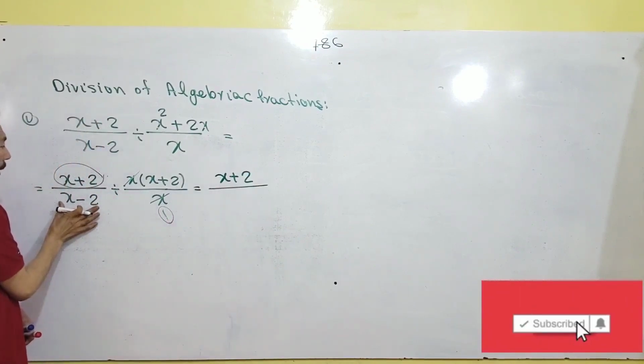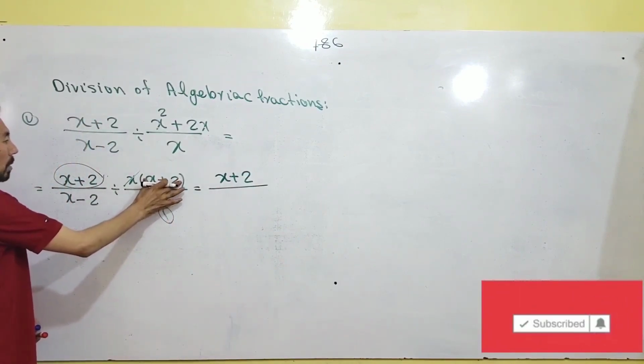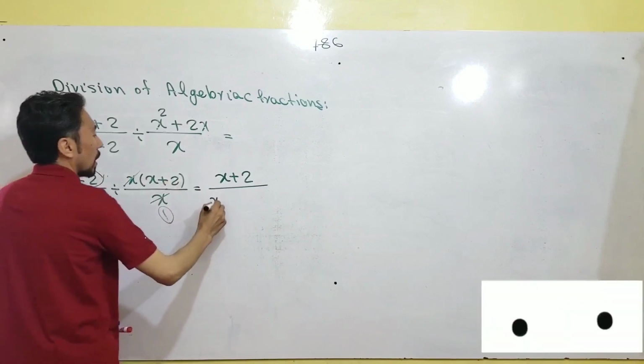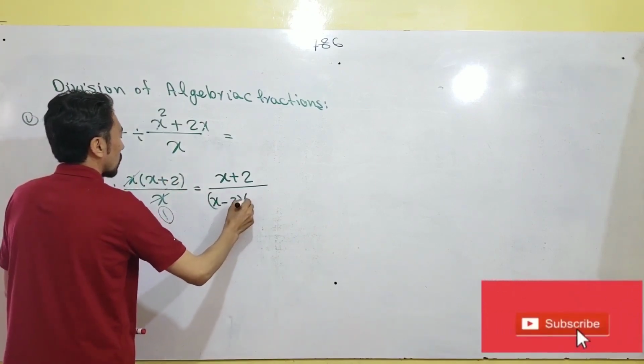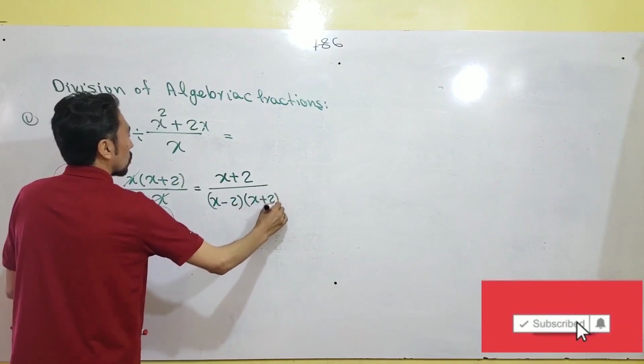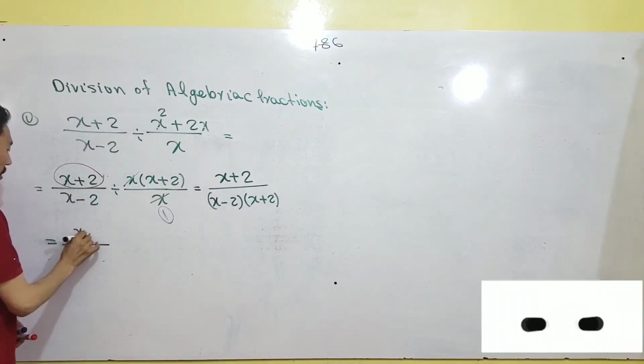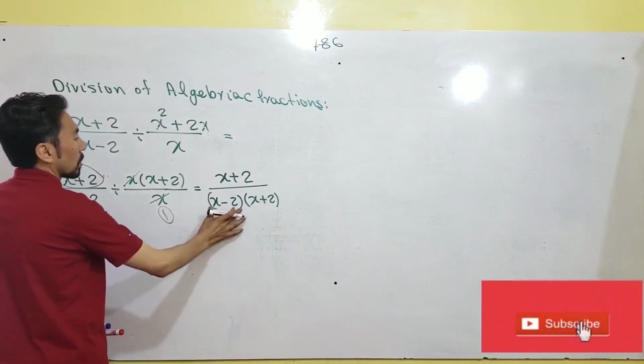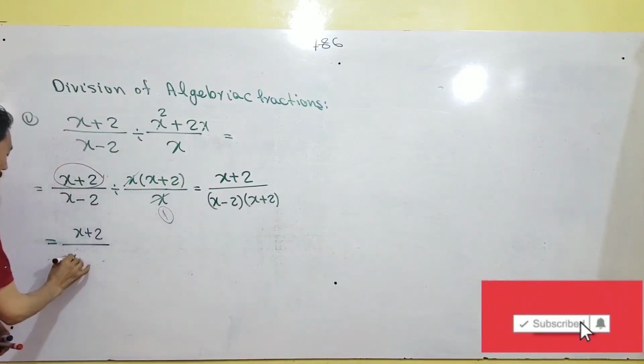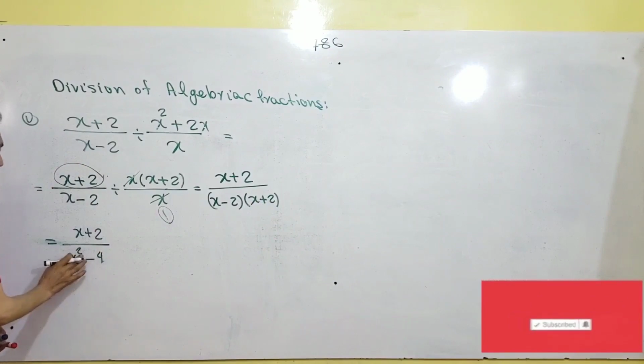Then we multiply x minus 2 by x plus 2. When we multiply these two parts, the answer is x squared minus 4.